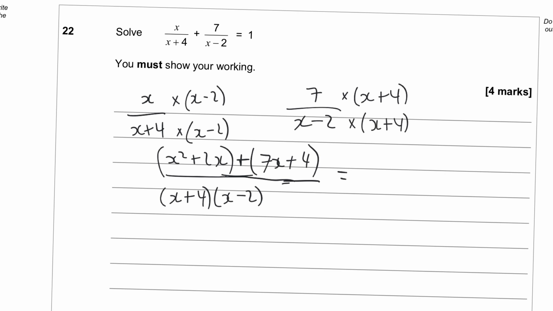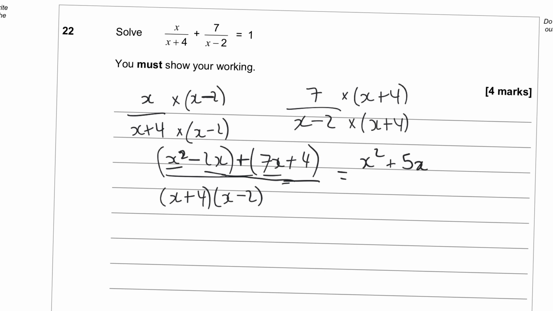So collect like terms. So it's going to be x squared because there's only one set of x squared on the top. Then we've got a 2x and a 7x. Oh, I just realized that would not be positive because it's negative. It would be negative 2x. So negative 2x plus 7x will leave us with 5x.